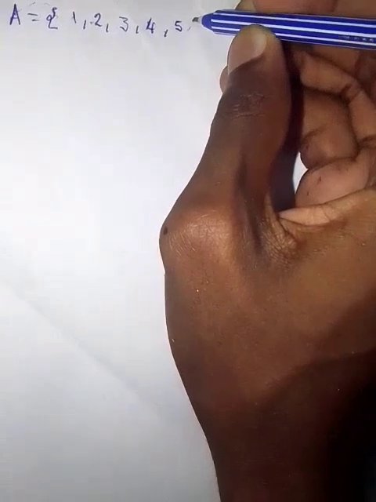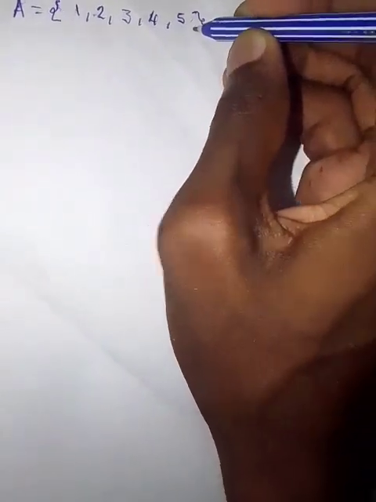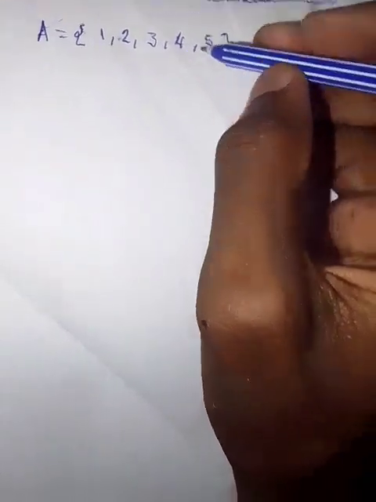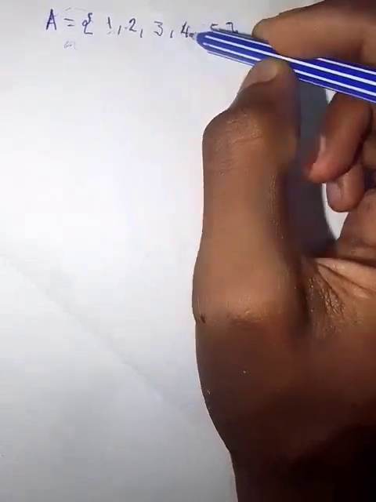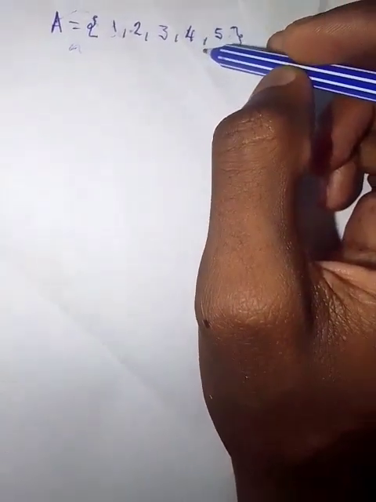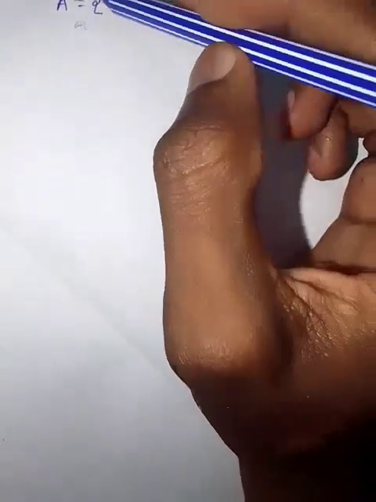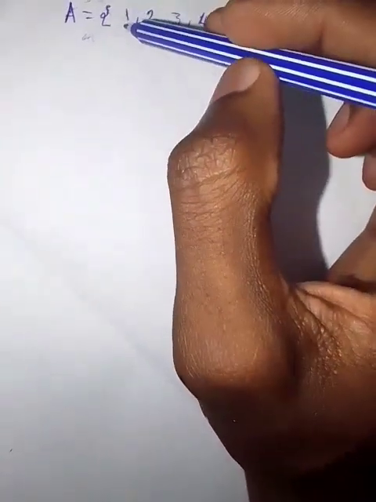Okay, let me just end on 5. Remember these are counting numbers. This set is in roster notation, so we can take it to interval notation.